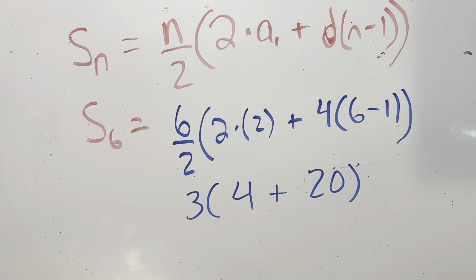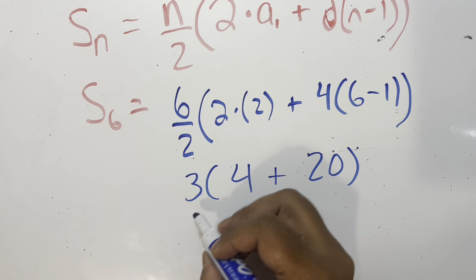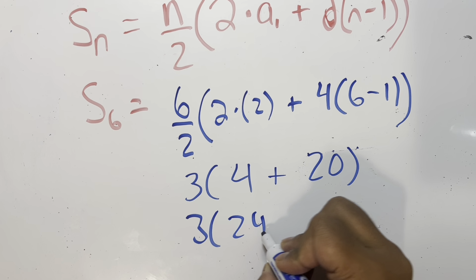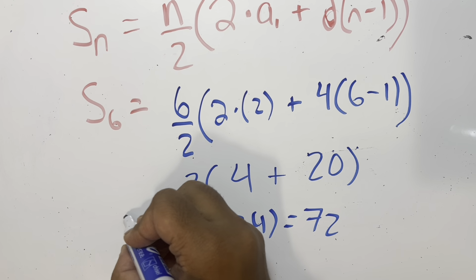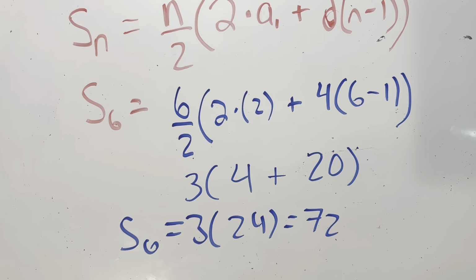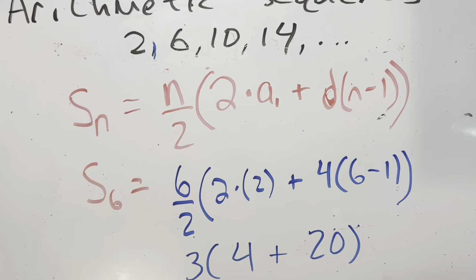Let's see if this works. All right, so I get over here 3 times 24, which is 72. So the sum of the first 6 terms is 72. Does this work? I don't know. Let's keep this in mind. Using our formula, we found the sum of the first 6 terms. So I'm going to keep that in mind.